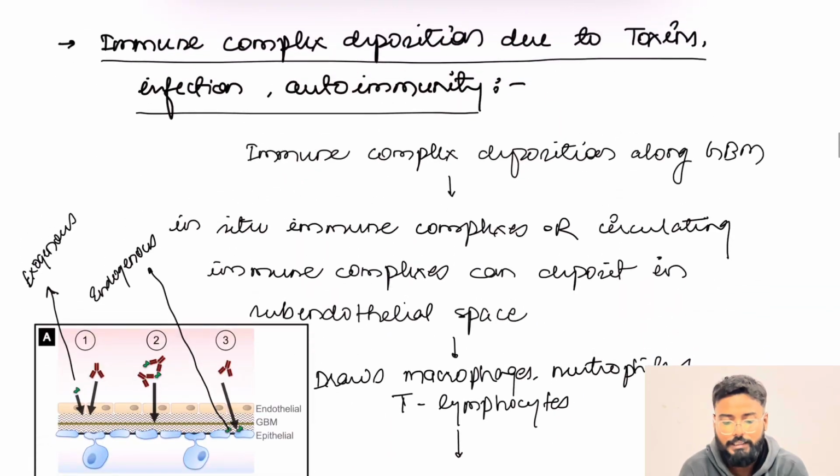Now, immune complex deposition could be due to toxin, infection, or autoimmunity. In case of an infection, the antigen of that particular infection can be present somewhere else in the body and can come and deposit inside the nephrons. Or there could be preformed autoantibodies that are going to attack normal structures in case of autoimmunity.